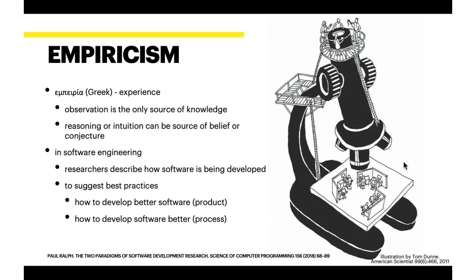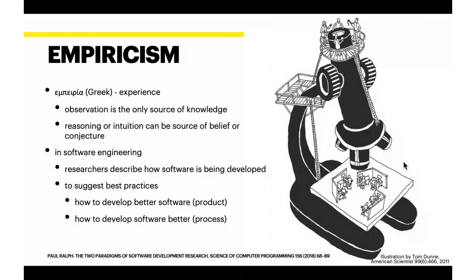In software engineering, this means that researchers do not describe how software should be developed, but researchers describe how software is being developed, with the goal of suggesting better practices or best practices on how to develop better software in terms of product, or how to develop software better in terms of process.